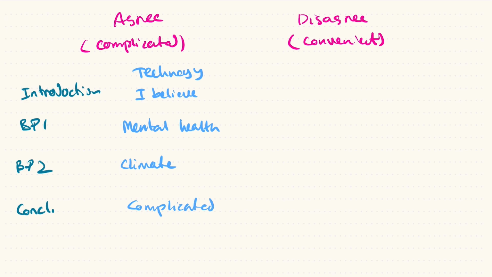However, on the other side, convenience. So for the convenience, again, you talk about the benefits, and you talk also a little bit about the drawbacks. The drawbacks we just talked about. So you write a little bit about benefits and disadvantages.